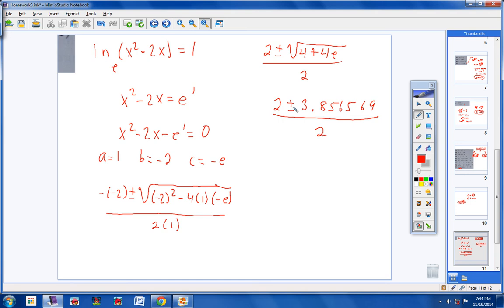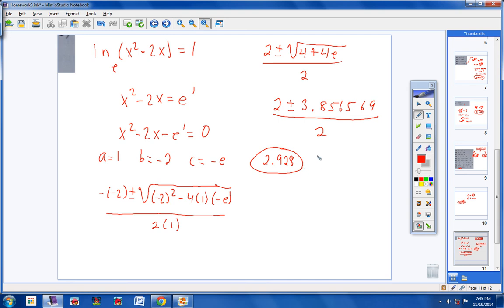So if you take 2 plus this big decimal number here, and divide it by 2, you will get 2.928 for one answer. Then take 2 minus this number divided by 2, and you will get a negative number.